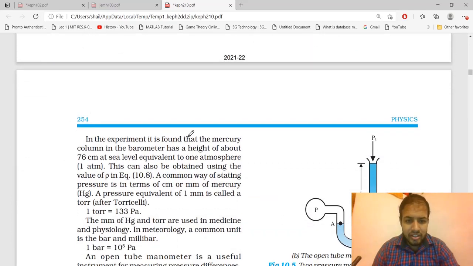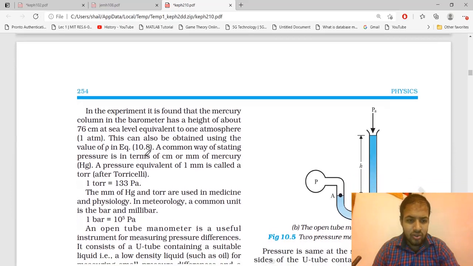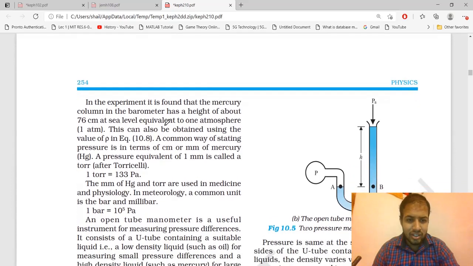In the experiment it is found that the mercury column in the barometer has a height of about 76 centimeters at sea level, equivalent to 1 atmosphere, 1 atm. This can also be obtained using the value of rho in equation 10.8. A common way of stating pressure is in terms of centimeters or mm.